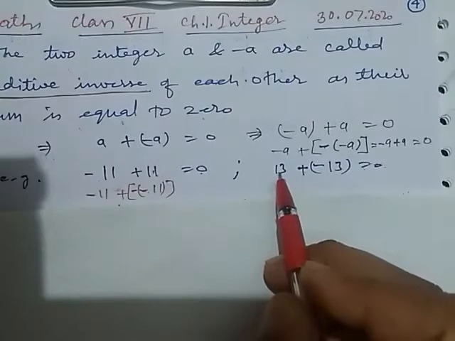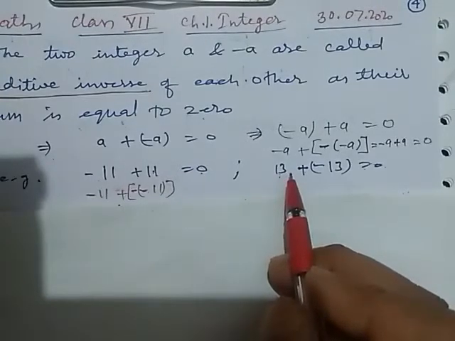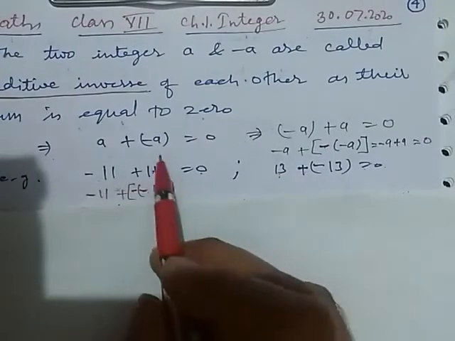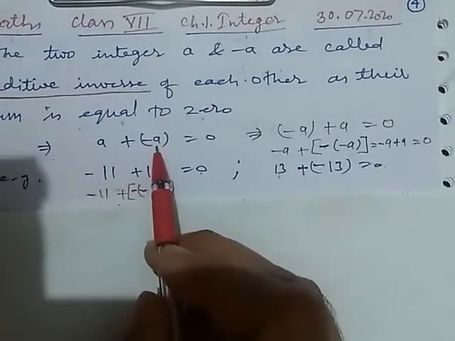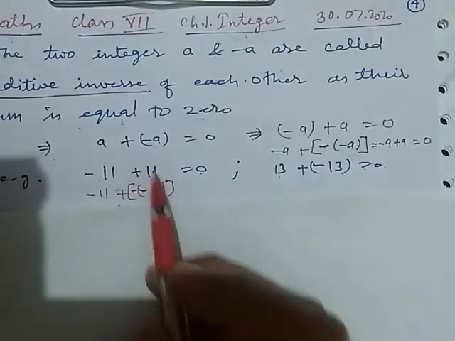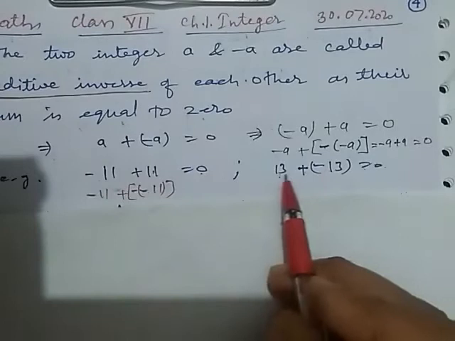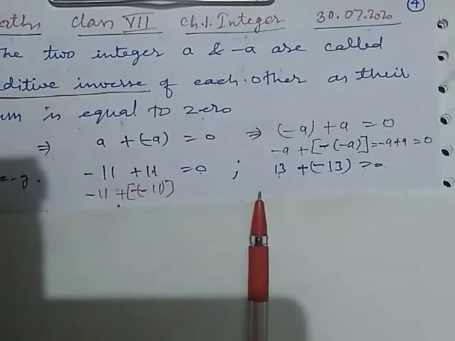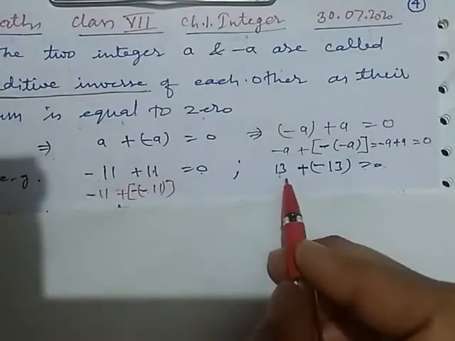Okay, how do we find the additive inverse? We just place a negative sign before that number. As we put a negative sign before 13, minus 13 is the additive inverse of 13.